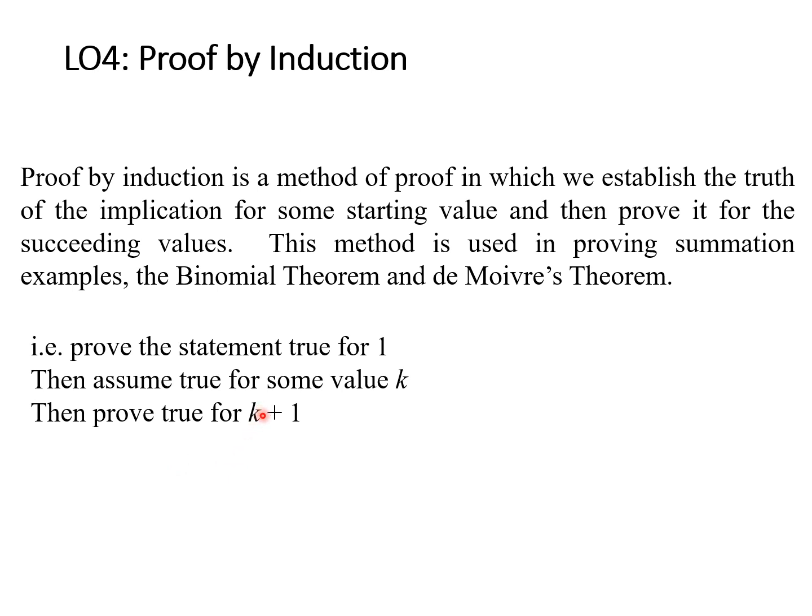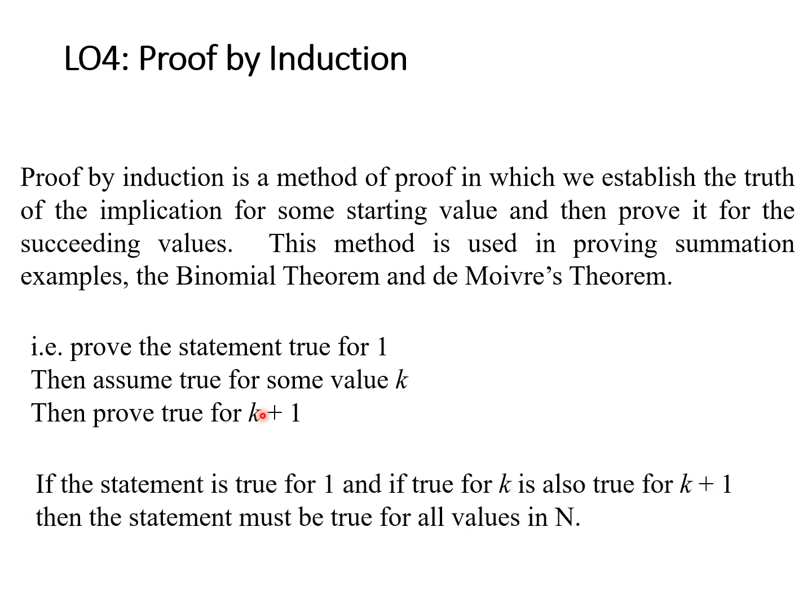Because it's true for this set of integers, 1, k, and k plus 1, we conclude that for every succeeding value, that particular mathematical statement is true. So we can conclude that if the statement is true for 1, and true for k and also true for k plus 1, then the statement is true for all integers n.